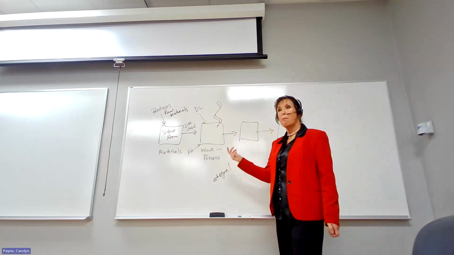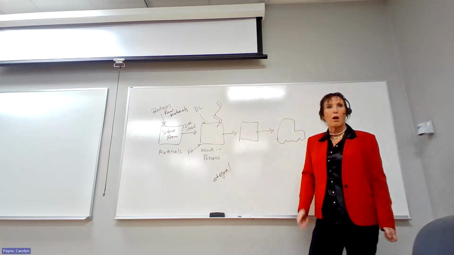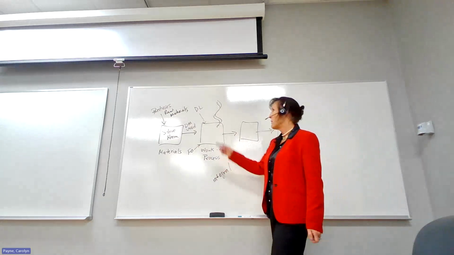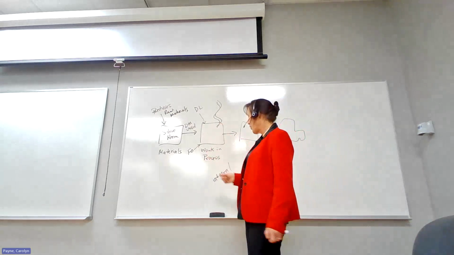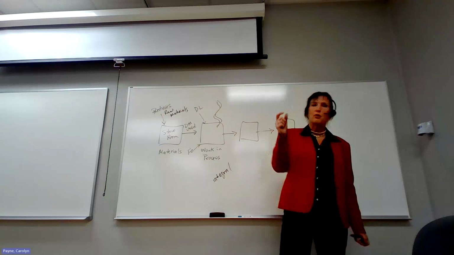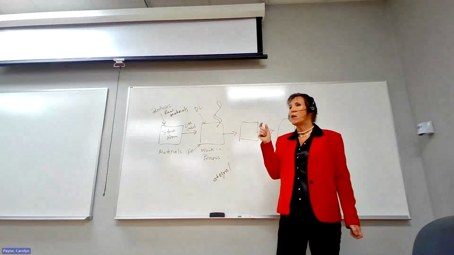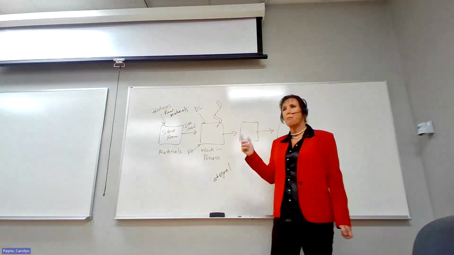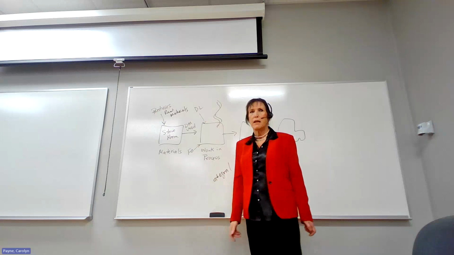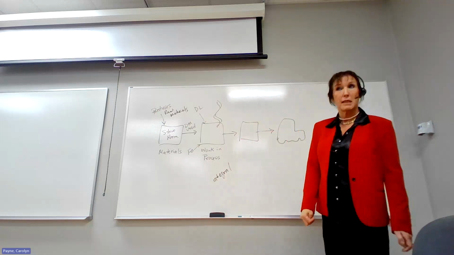Those are materials that go into our product. So now if we use a little bit of glue, that's not an integral part. So glue would not be a direct material. It would just be an indirect material. Okay, does that make sense?